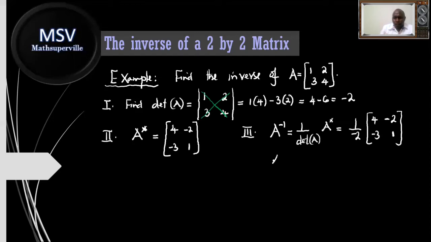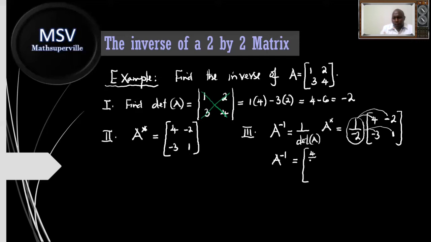And this gives us A inverse, which is the inverse of the matrix we are given. So you multiply the reciprocal of the determinant by each element in the A star matrix.